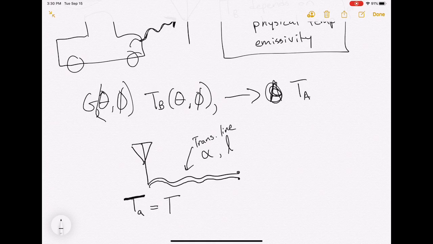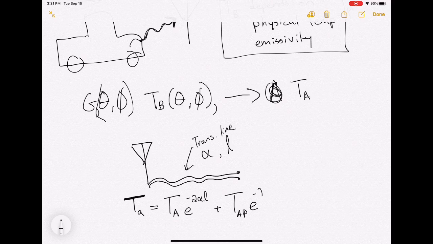So we've got the noise temperature of the antenna, which we calculated from that brightness temperature integral. So that times e to the minus 2 alpha L, that's just a power attenuation due to propagation down the line, plus we have TAP, which is the antenna noise temperature at its terminals due to the antenna's physical temperature.